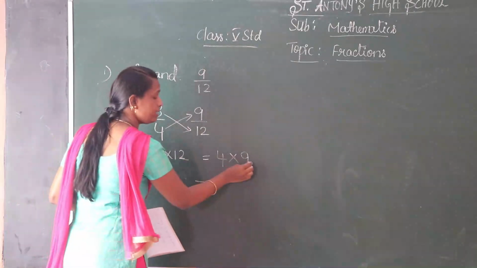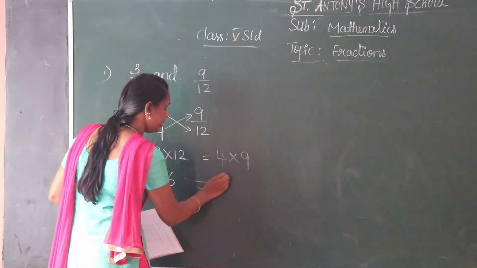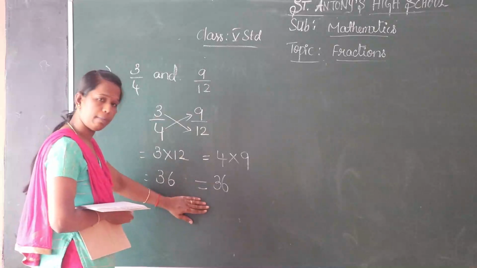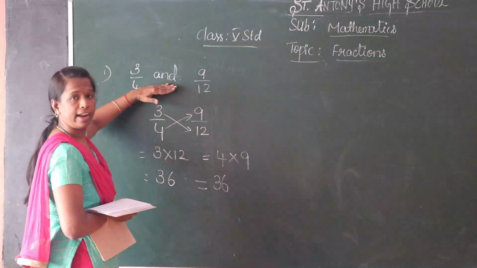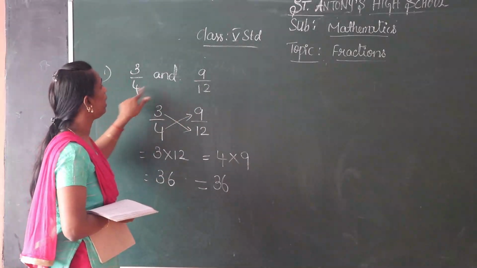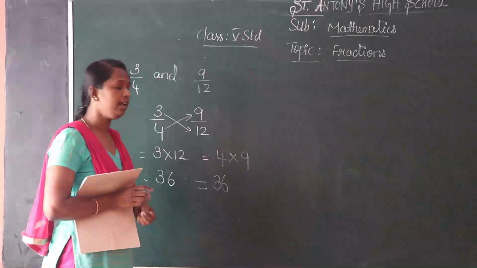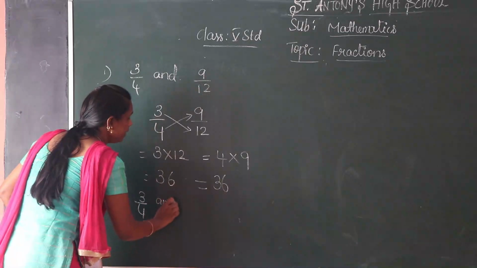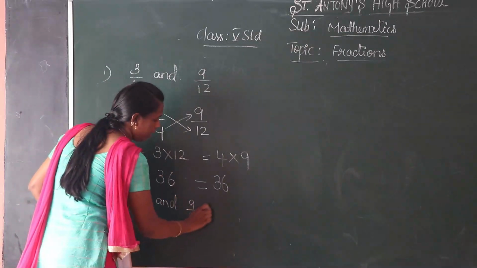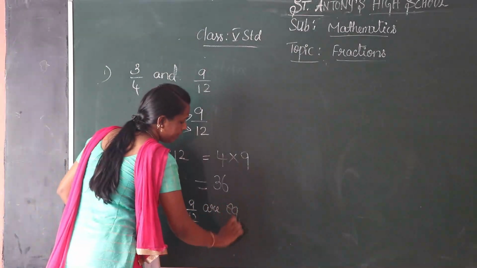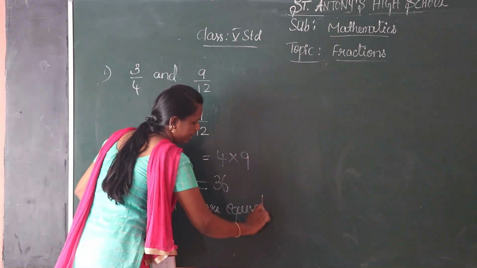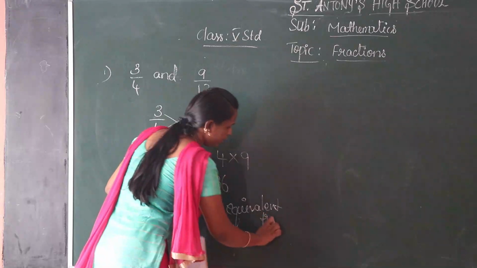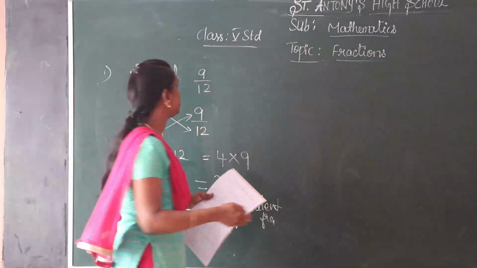Equals 9 4s are how much? 36. So 36 is equal to 36, so we get the same answer. So the given fractions 3 by 4 and 9 by 12 are equivalent fractions. Okay, let us discuss one more sum.